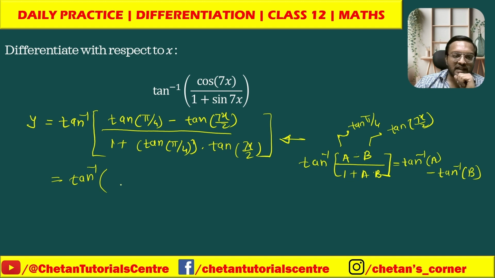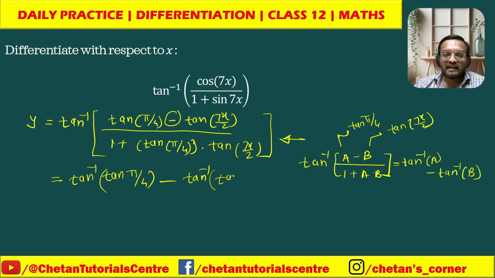tan inverse of a, here a is tan pi by 4, minus, we will take that minus sign as it is as per the formula. Then minus tan inverse of b, here b is tan 7x upon 2.